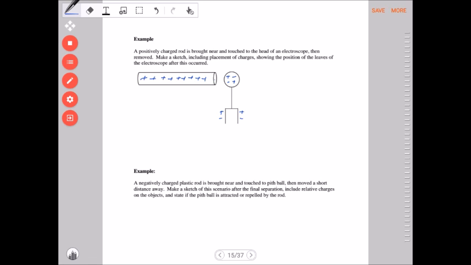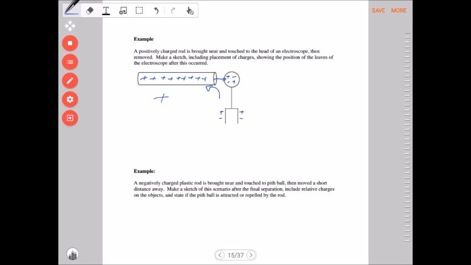Now, when these things touch, what ends up happening? This guy is really positive, and this guy is neutral. So what's going to happen is some of the electrons from here are going to jump onto that, trying to balance off the charges. What ends up happening is there's not enough negative charges on the electroscope to balance off the positive rod.